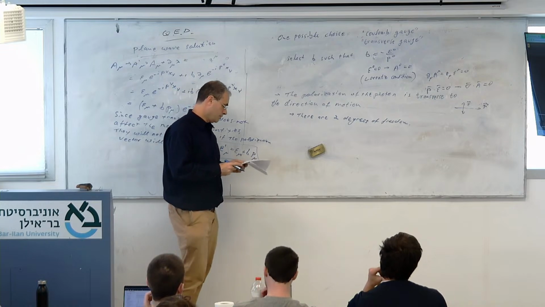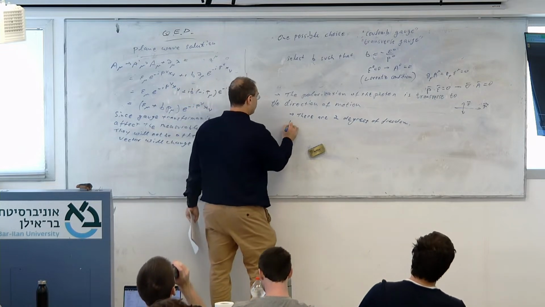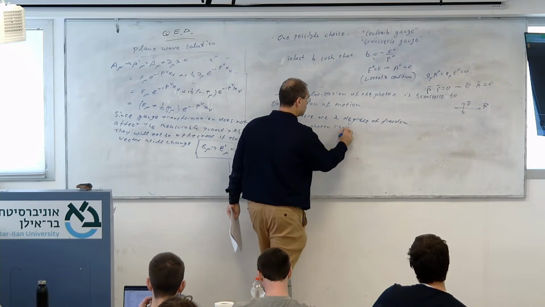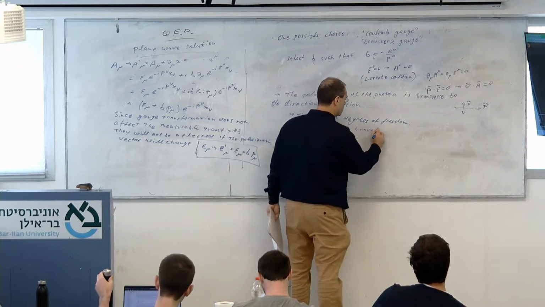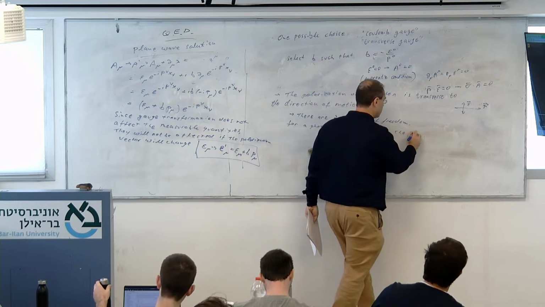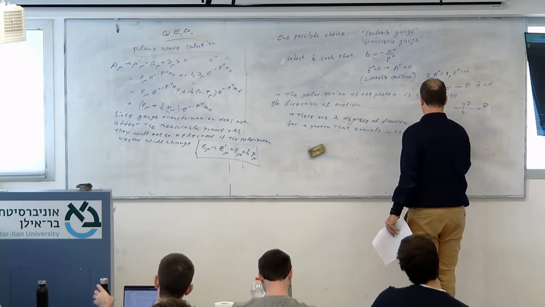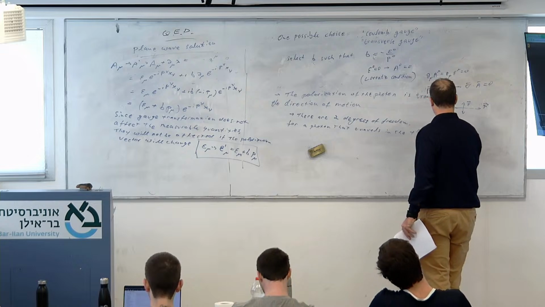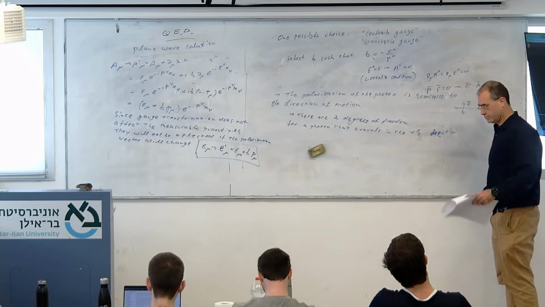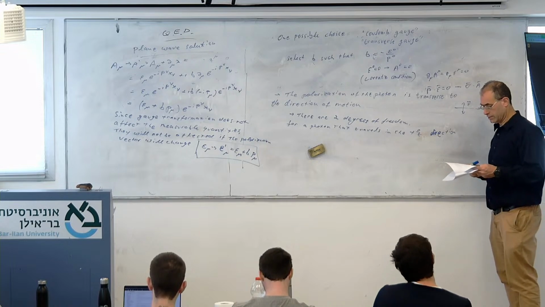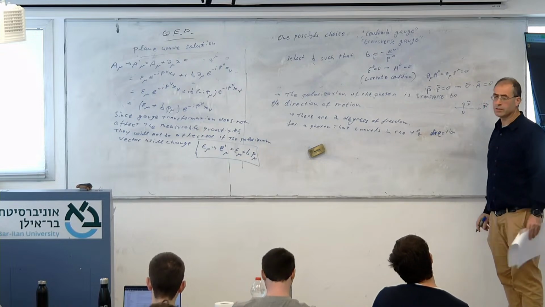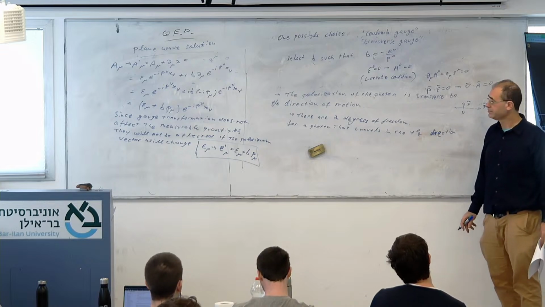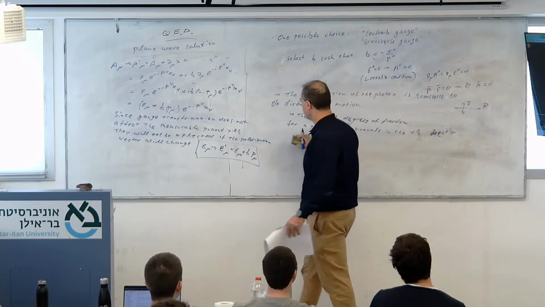So for a photon that travels in the plus z direction, we can get a solution as a linear superposition in the X and Y. Exactly right.